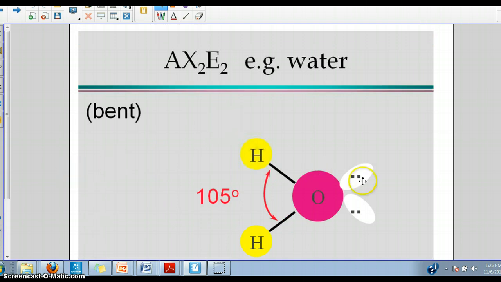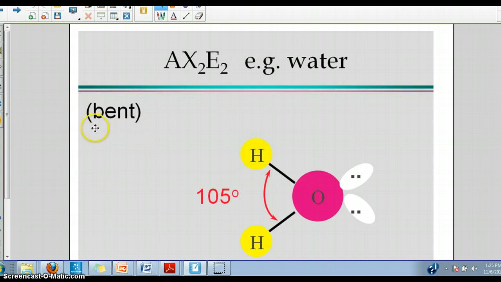And then when you have two electron pairs, like in the case of a water molecule, an AX2E2, it pushes those bonds even closer together. So now you have a bond angle of 105 degrees between the two hydrogens. But remember, because there are four things coming off, it still falls in the AX4 electron geometry family.